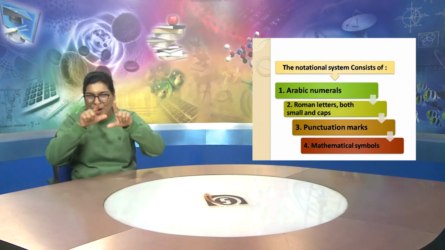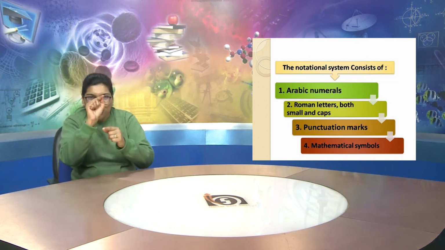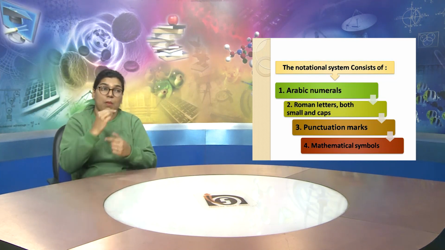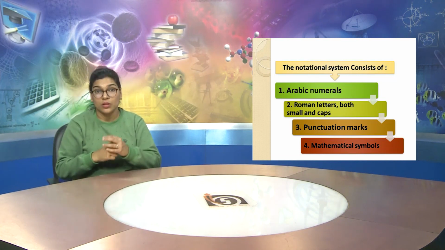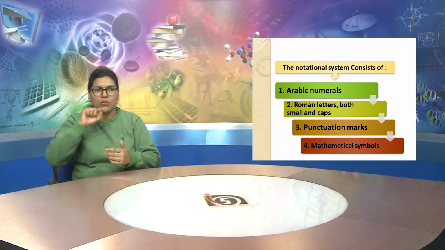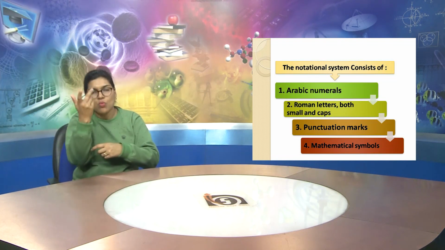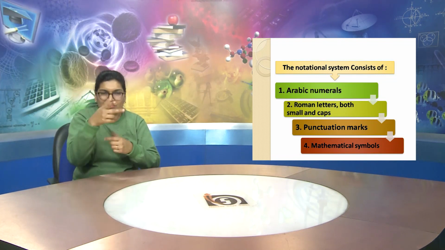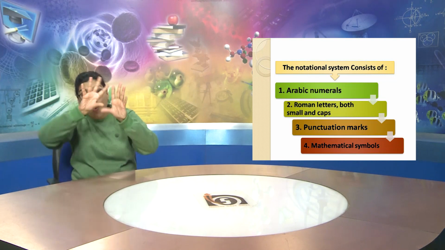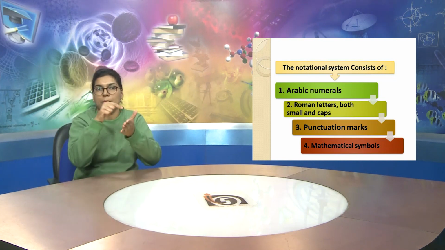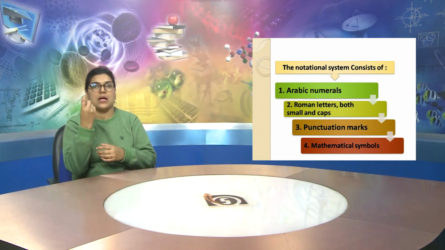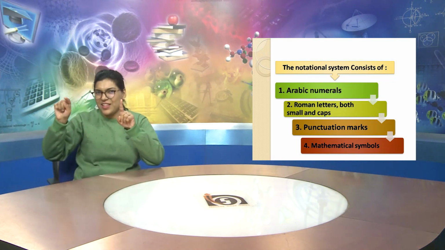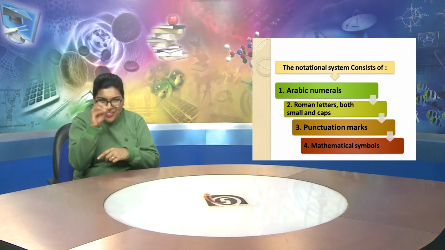In this, both types of letters come, small and capital both. The third type of notation is the punctuation mark. In this, the comma, the full stop, and all those punctuation marks come under this. And the fourth notation system type is mathematical symbols.